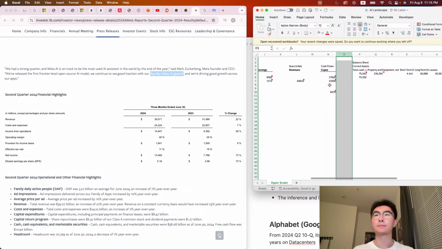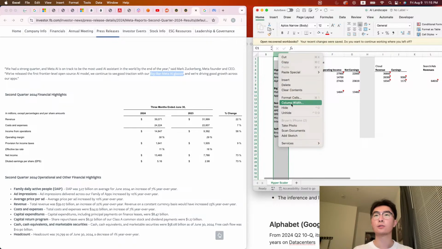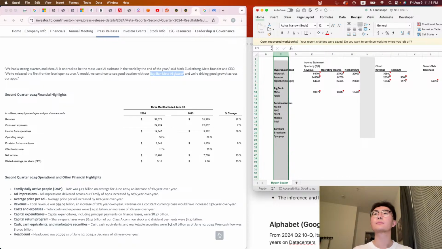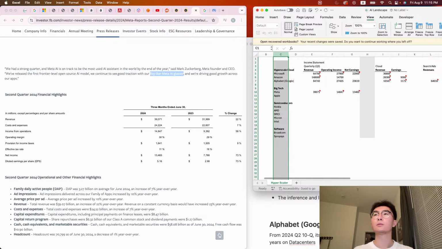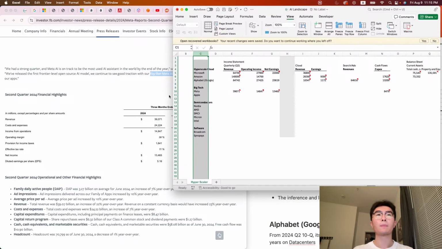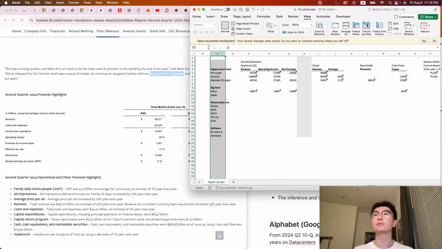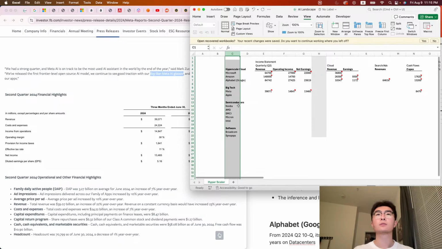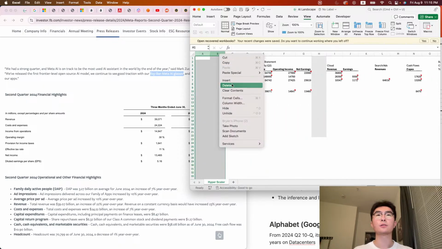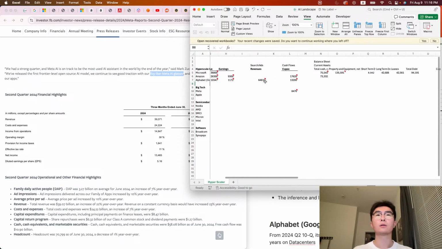Okay, yeah, here we go. Let's maybe lock this. I think view, freeze panes. Oops. Yeah, let's delete that. Okay, yeah, nice.